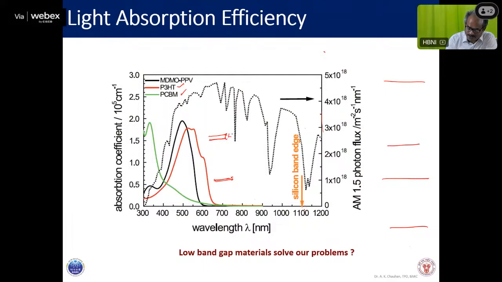This is delta E, this is delta E1, this is delta E2. If I zoom in here, an electron is at the bottom of this band, and when it is at the top of this band and is excited from this to this, it will take this energy.